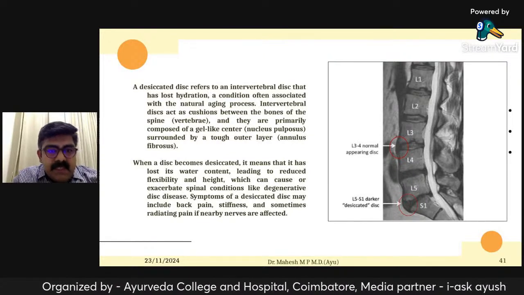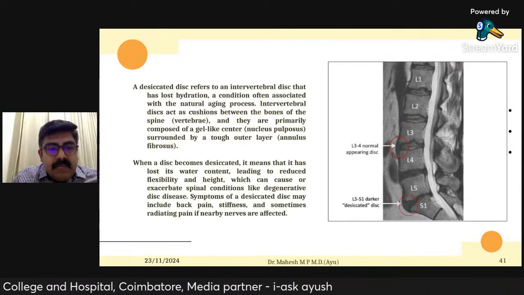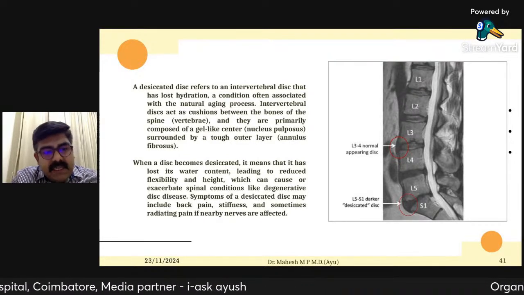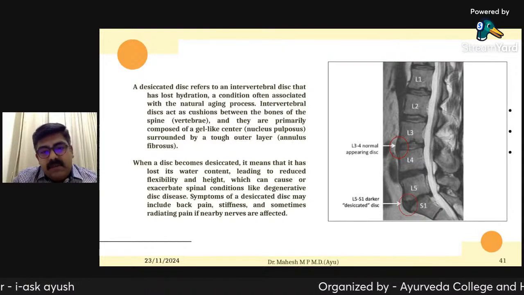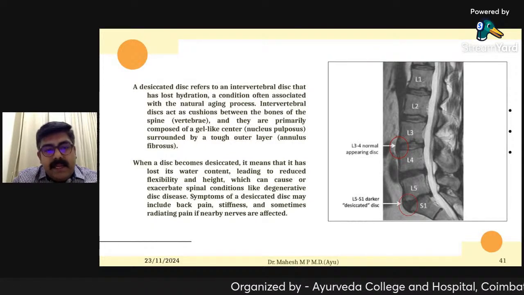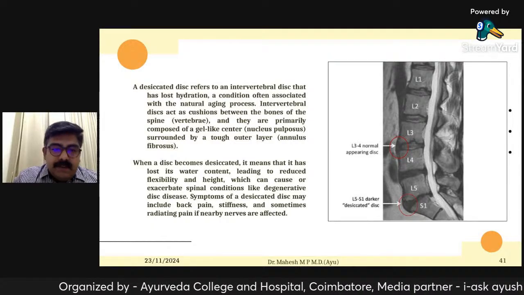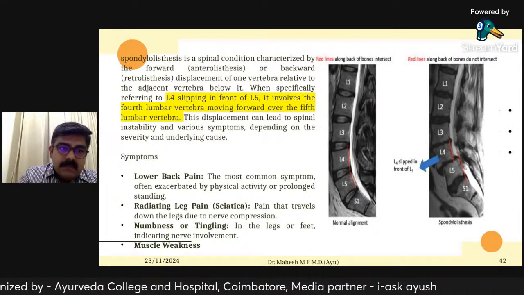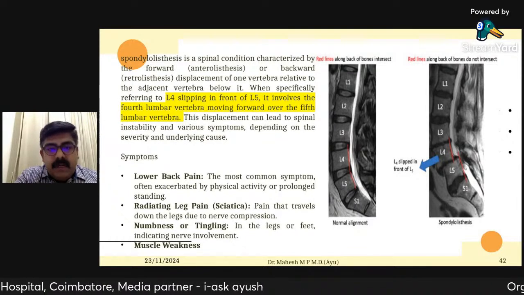The symptoms of a desiccated disc may be mainly back pain, severe back pain, stiffness, and sometimes radiating pain. Nerve root compression also causes the radiating pain, and nearby nerves also get affected in such conditions. Here is another example for T1 and T2 type.